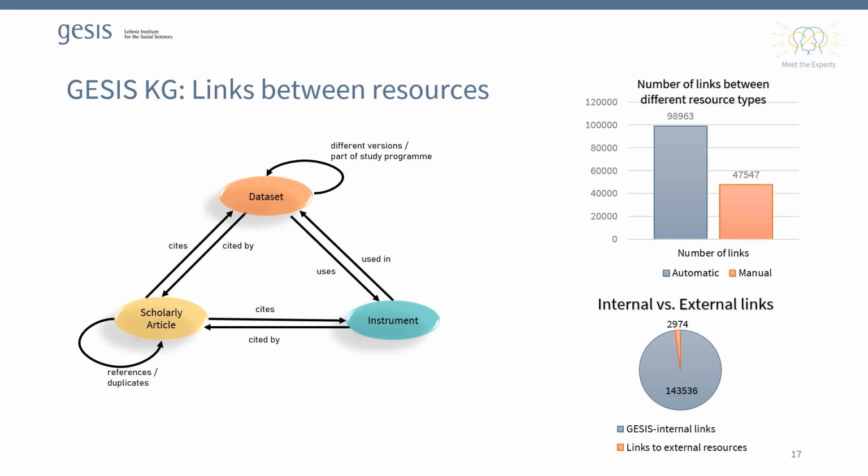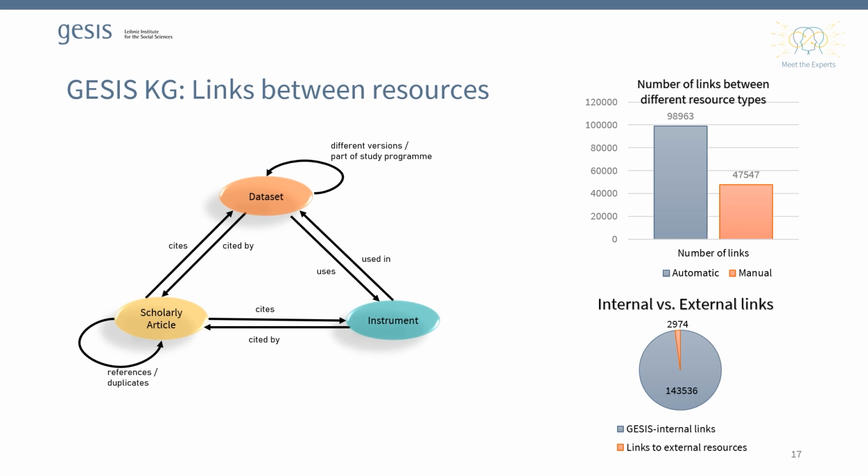If we just look at the number of links between different resource types, that means without links from publication to publication and links from datasets to datasets, the GESIS knowledge graph contains around 98,000 automatically generated links and around 47,000 manually generated and curated links.